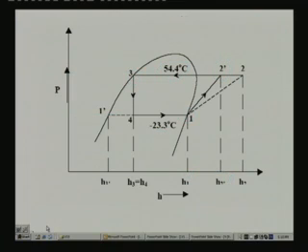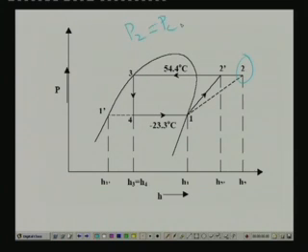Once you find the properties of point 2 dash, properties at point 2 can be obtained, because at point 2 we know that P2 is equal to Pc, which is known to us, and H2 is the enthalpy at this point. Enthalpy at this point, from the expression of isentropic efficiency, is the inlet enthalpy plus H2 dash minus H1 divided by the isentropic efficiency of the compressor.